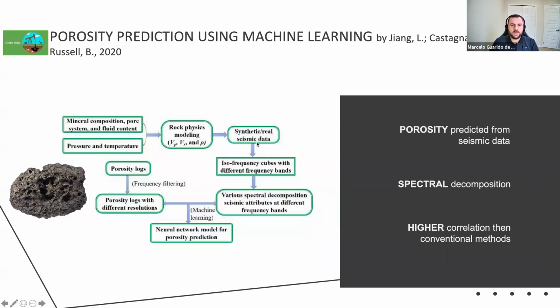And they compare in an area where they have a porosity log. Their proposition is to do a spectral decomposition of the seismic and the porosity logs, so they are in an equivalent frequency band. They do the predictions for porosity for each one of those frequency bands, and they do the summation in the end.